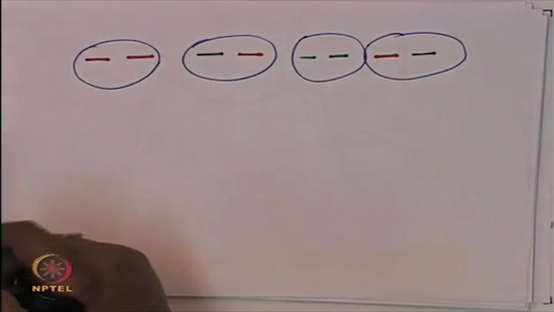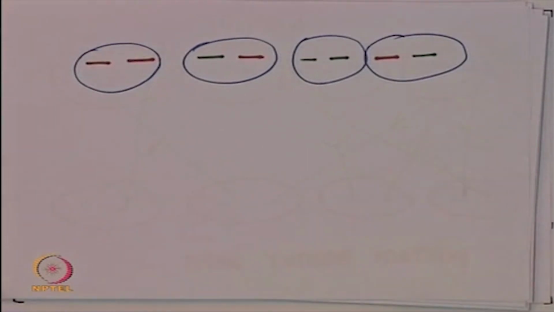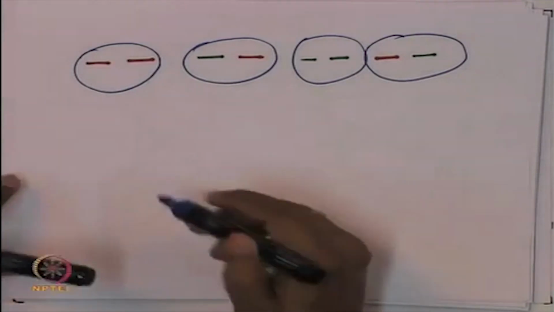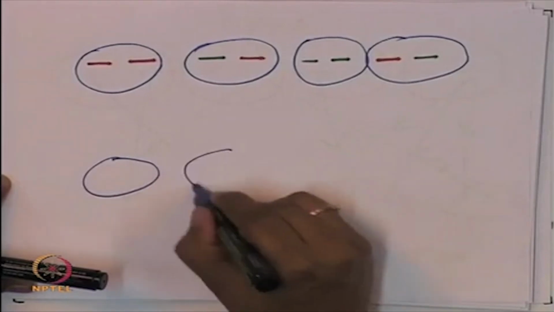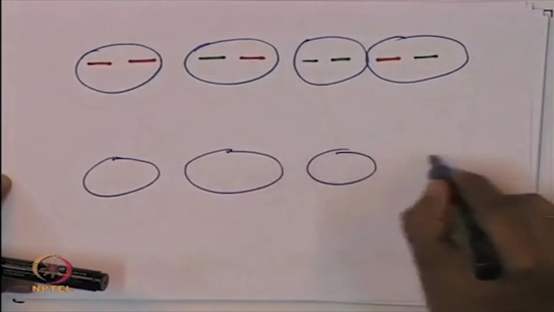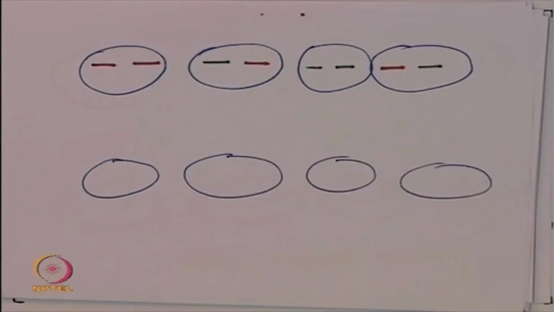Now we can ask the question, in the next generation, again there are 4 individuals. For these 4 individuals in the offspring generation, we have to choose the parent chromosomes. So imagine that they randomly mate, that is our assumption.